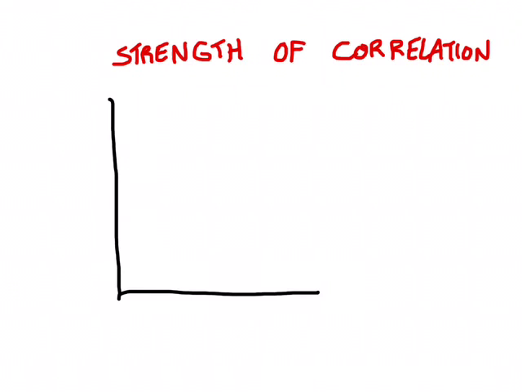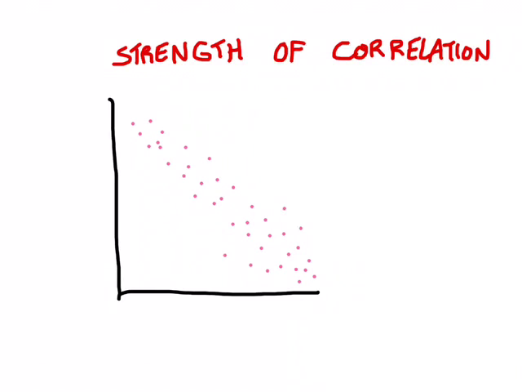We could also think about the strength of a correlation. A really strong correlation is going to have all the dots in a much tighter line. So, for example, if your data were to look like this, that's a really strong correlation. That's a very straight, tight line that we've formed there. That's not typical. As things start to move out and be a little more random, we start to see our correlation get a little less strong, but still a decent correlation.